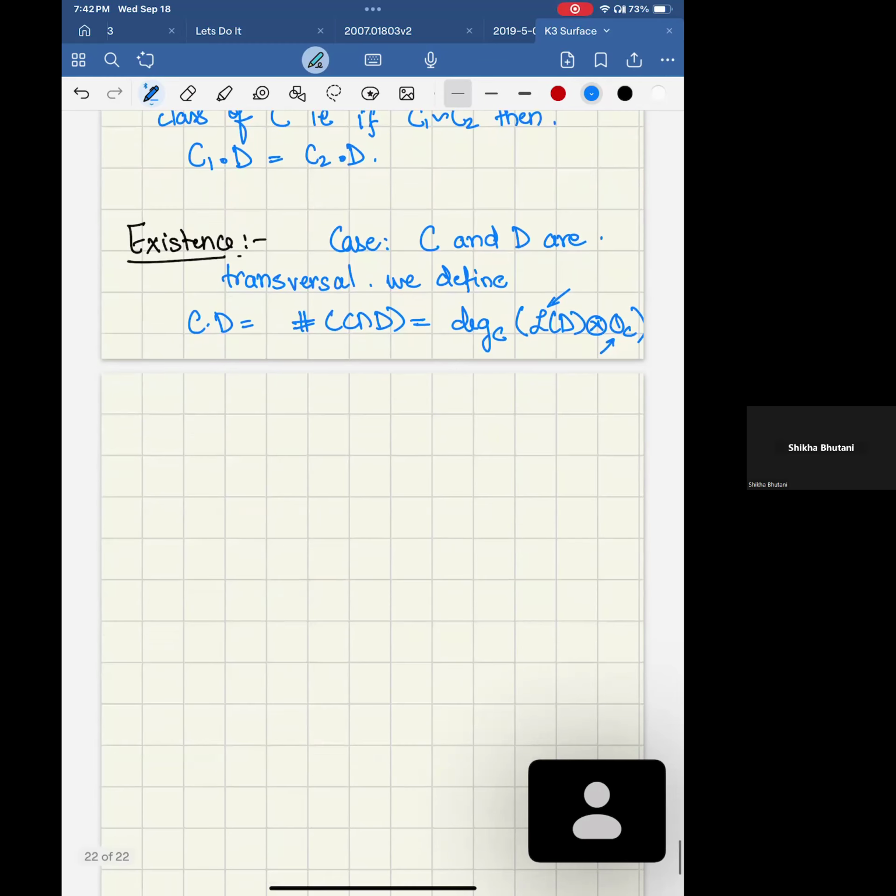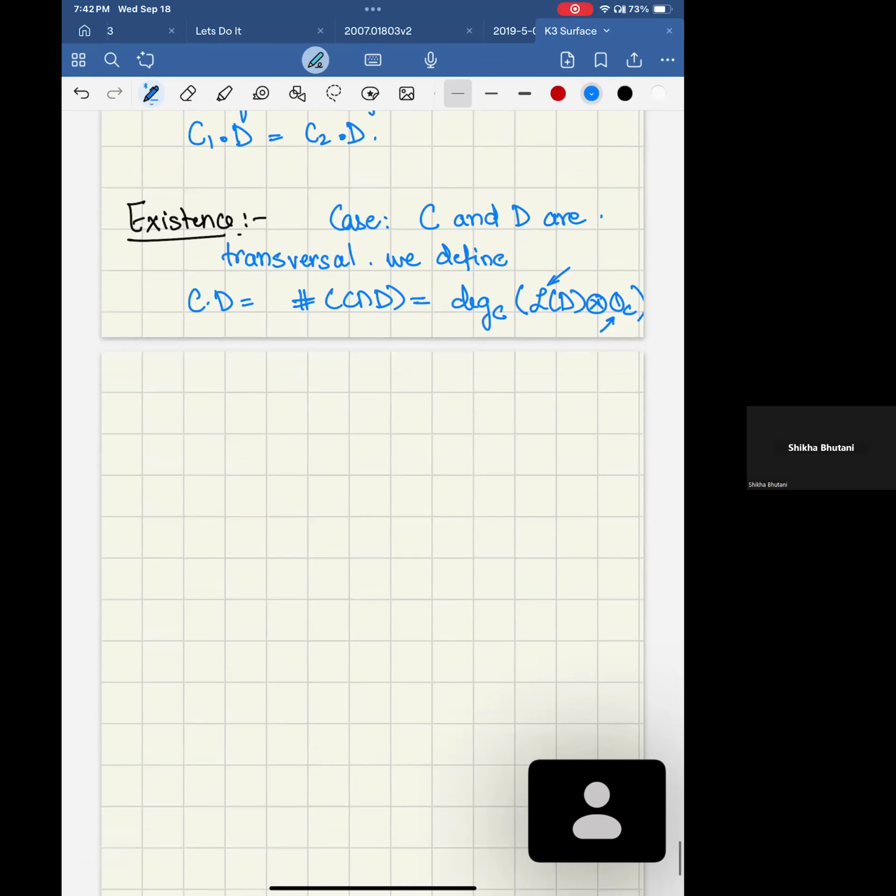When C and D meet transversely, we define the intersection number, or the pairing, in this way. Otherwise, we show that we can bring every other case to this case.